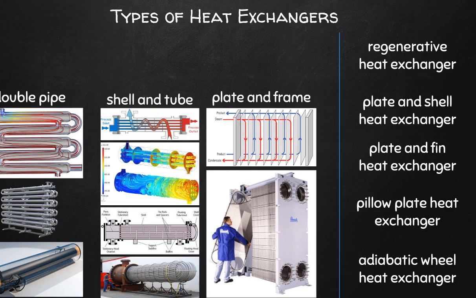Obviously, we've learned about fins and we know why we would want to place fins on some exchange equipment. There are spiral heat exchangers. It's got to do with the geometry, how these heat exchangers are actually built in terms of the fluids flowing past each other. And then also air-cooled heat exchangers, which are like an air conditioner or a radiator of a vehicle, typically used in coolers and condensers.